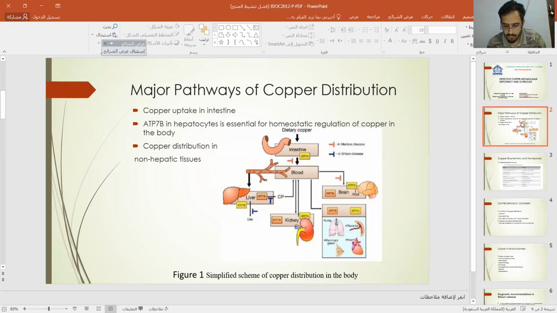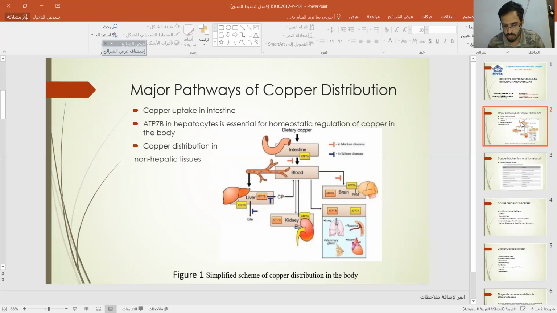Also in the liver, copper is excreted into bile as amino acid and bile acid complexes by a high-capacity excretory pathway in hepatocytes. This represents the major excretory pathway for copper, and the metal is not available for reabsorption.